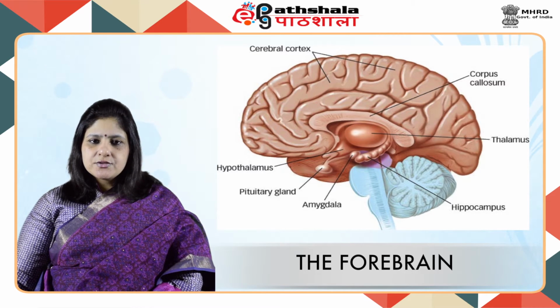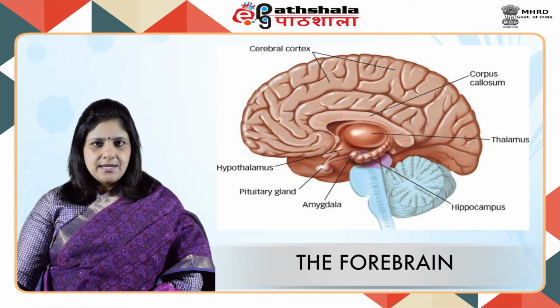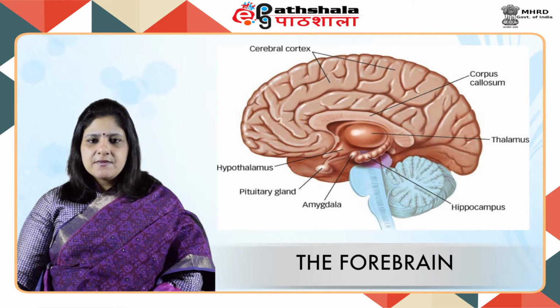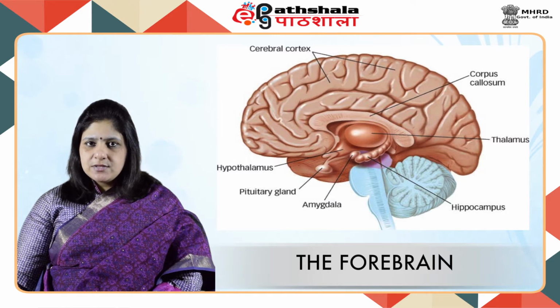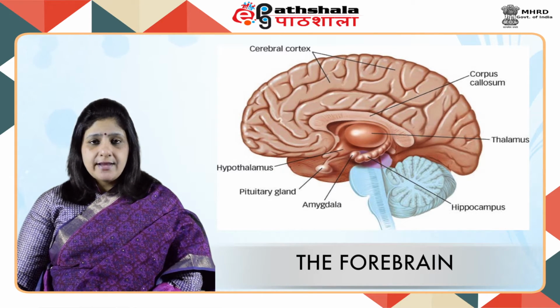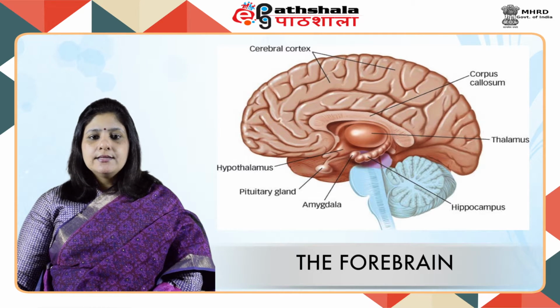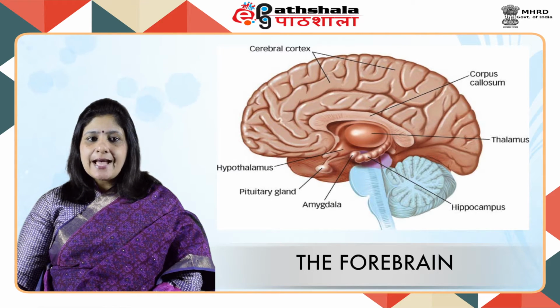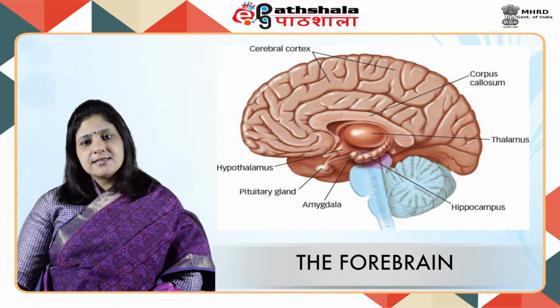The left hemisphere is associated with verbal reasoning such as speech, grammar and mathematics, while the right hemisphere is involved in non-verbal processing such as spatial perception, visual recognition and emotions. The left hemisphere processes information coming from the right side of the body, while the right hemisphere processes information coming from the left side of your body.